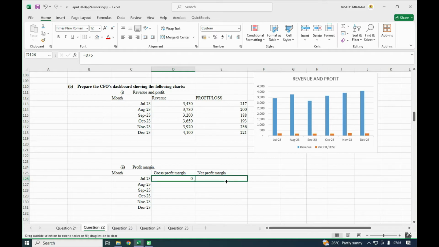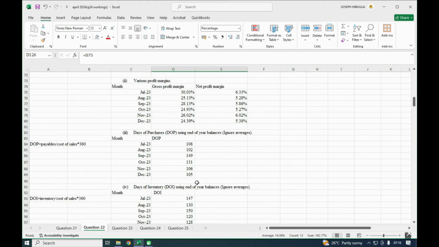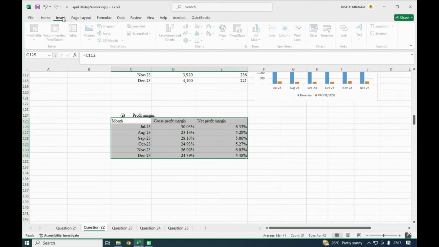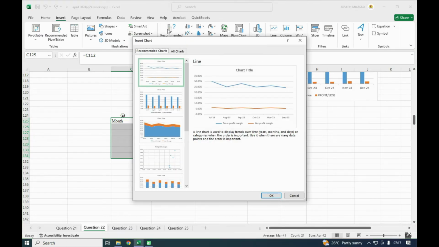And I'll autofill these and convert that into percentage to decimal, the way we had used 5.38 and 24.39. Then I'll again show that in a chart, the recommended one for this one.